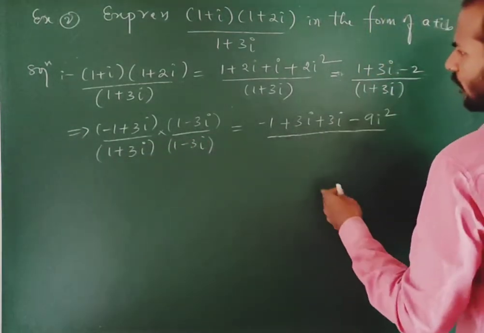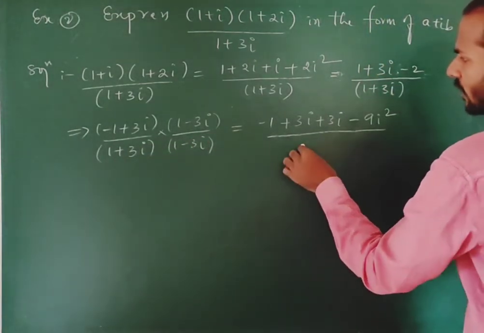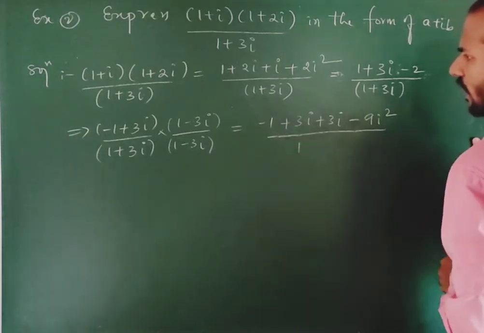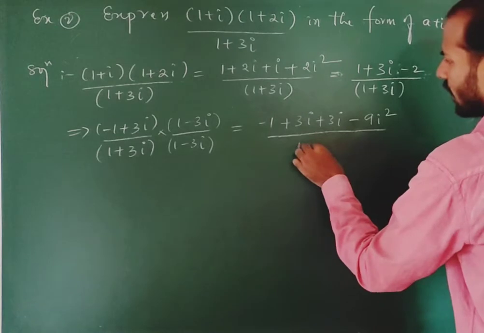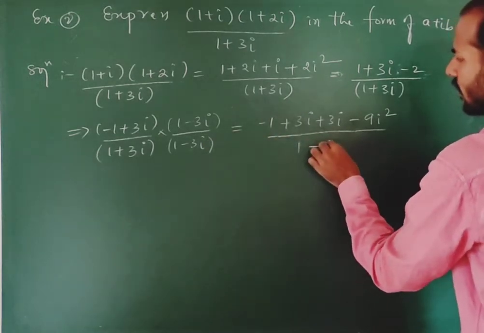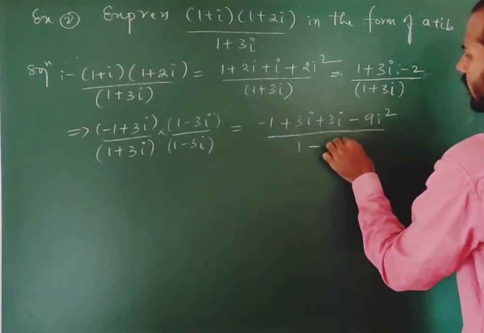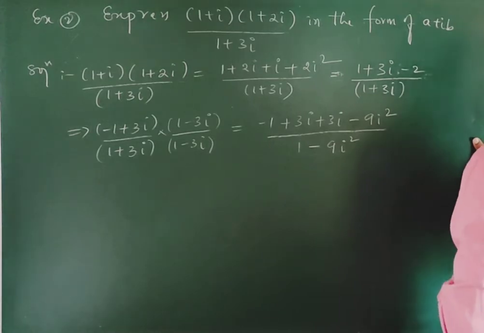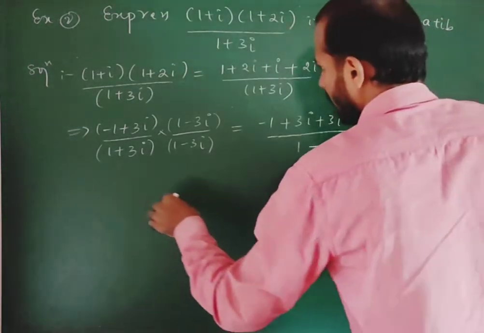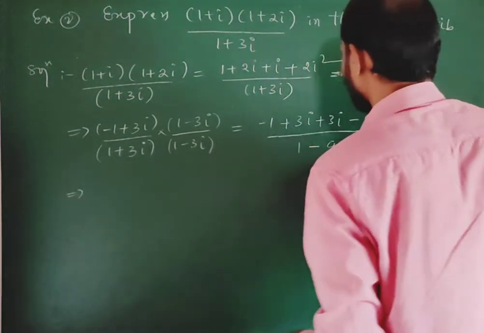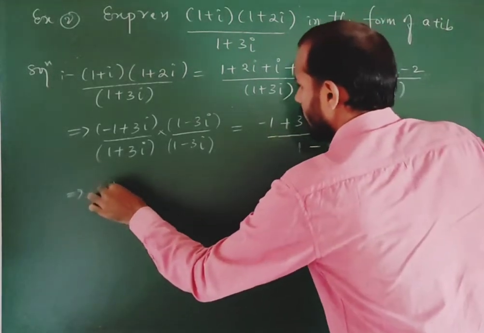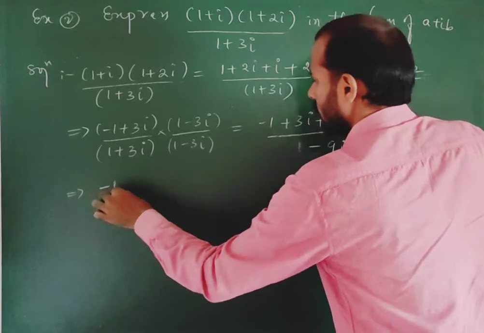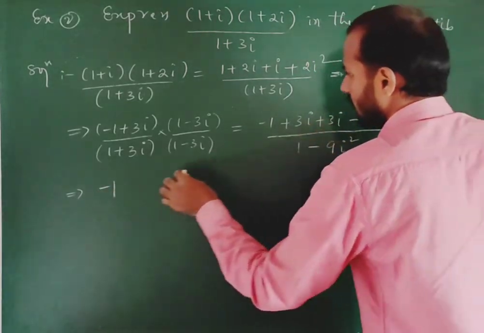A plus b, a minus b means a square minus b square. A square means 1 square is 1, plus into minus, that is minus is there, minus b square means 9i square, right? Now which implies minus 1 plus 3i plus 3i, plus 6i.